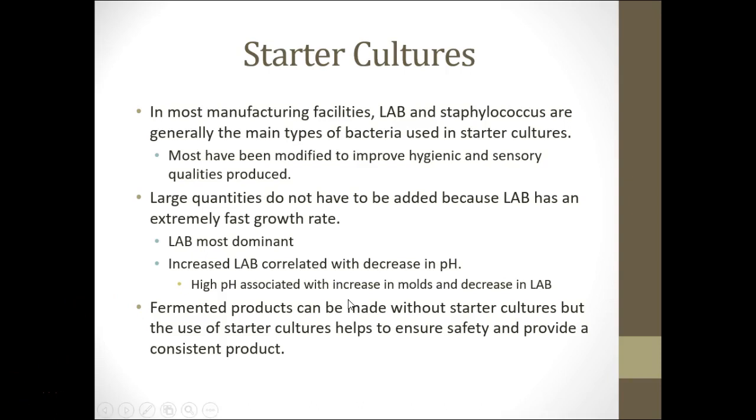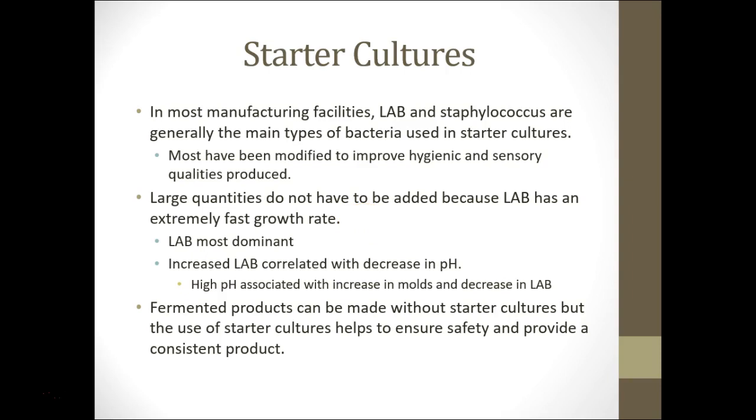So in most manufacturing facilities, lactic acid bacteria and staphylococcus are generally the main types of bacteria used in starter cultures. Most of these have been genetically modified to improve their hygienic and sensory qualities. A large quantity of these don't have to be added because lactic acid bacteria has an extremely fast growth rate, and lactic acid bacteria is typically the most dominant, which is a positive because it helps weed out potentially harmful bacteria.